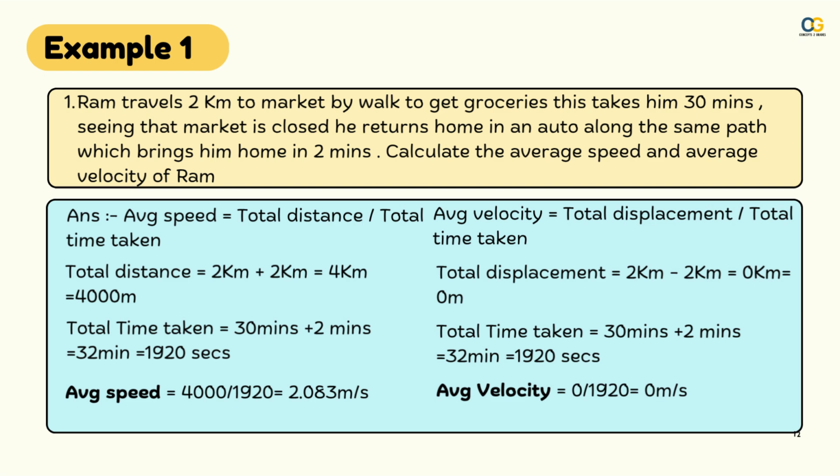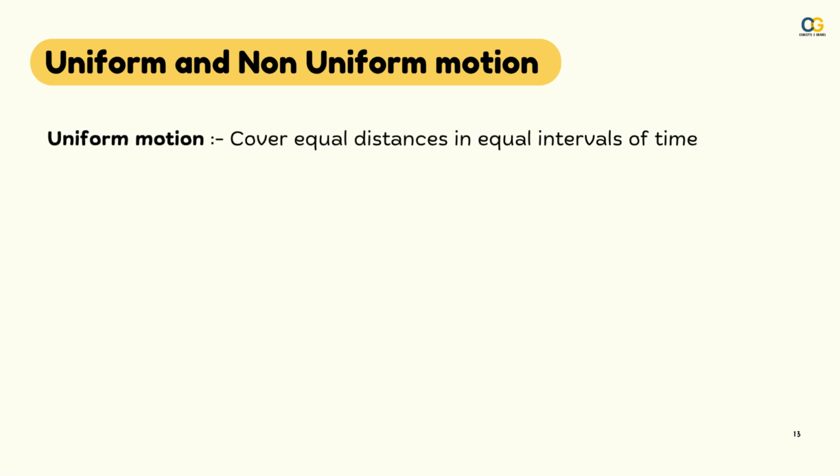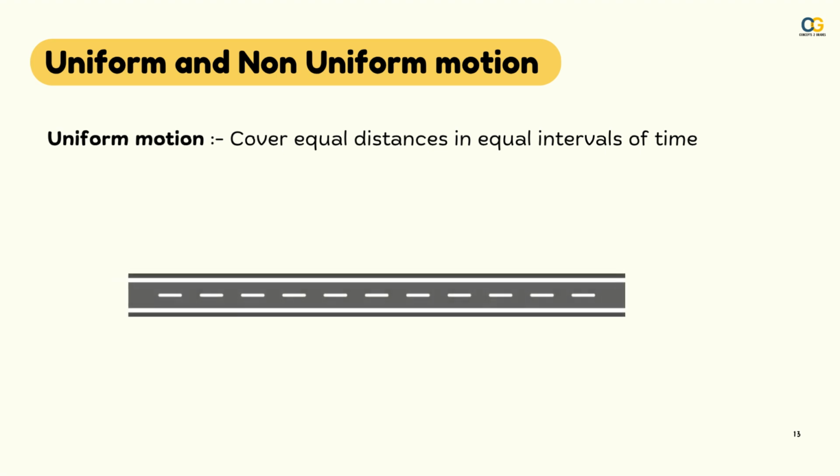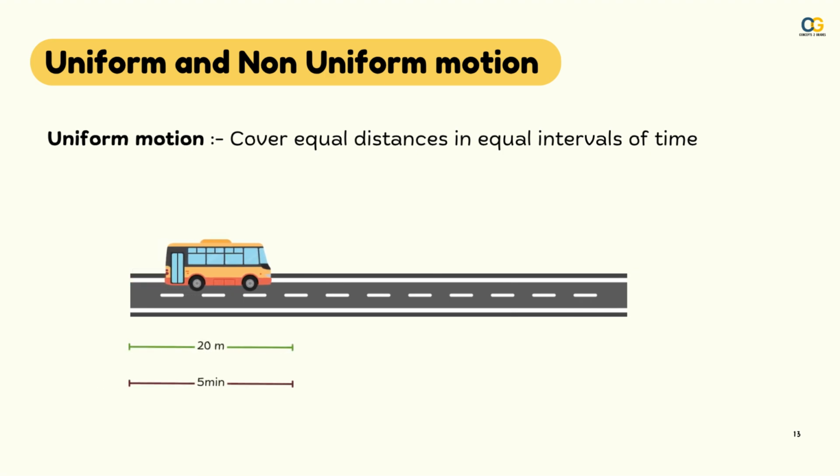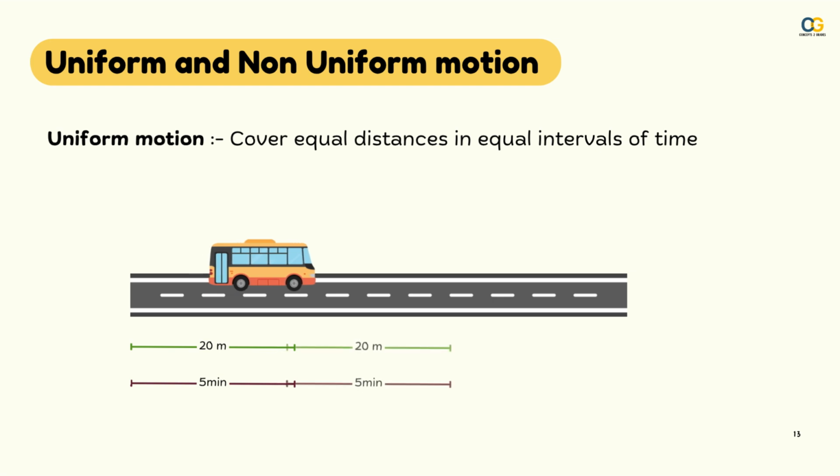Now, let us understand the two different types of motions that are present: uniform and non-uniform motion. In uniform motion, an object covers equal distances in equal intervals of time. That is, let's say there is a road and there is a bus which travels 20 meters in the first 5 minutes, 20 meters in the next 5 minutes, and 20 meters in the next 5 minutes.